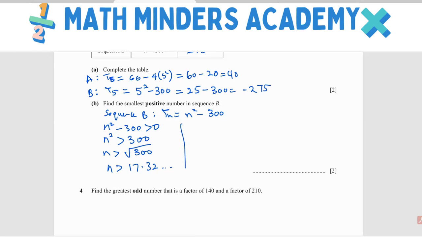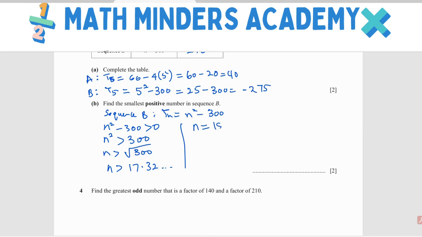So the term that will produce the smallest positive number must be bigger than this. The 17th term will still produce a negative number because the 17th term will give us 17 squared minus 300, which is 289 minus 300, a negative number. So the term must be bigger. So the whole number greater than 17.32 is actually 18.